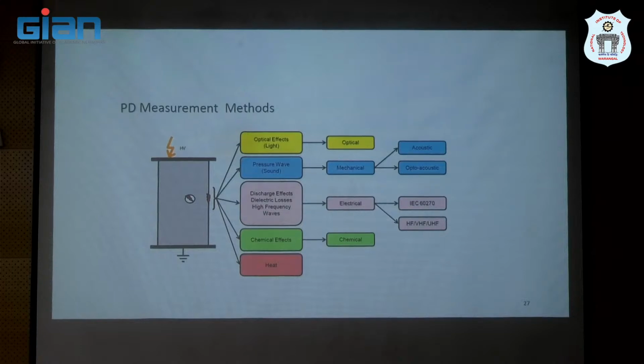From that, we can develop different sensors and multi-sensor fusion techniques, and use whichever has a very good signal to noise ratio and gives good detection. There are also chemical effects: these discharges may deteriorate the insulation and cause changes in the polymer chain of the insulation.